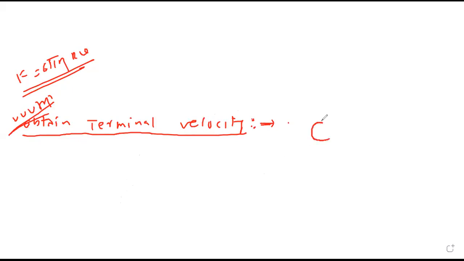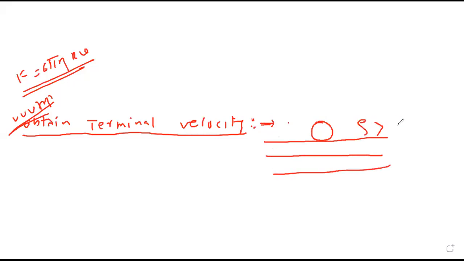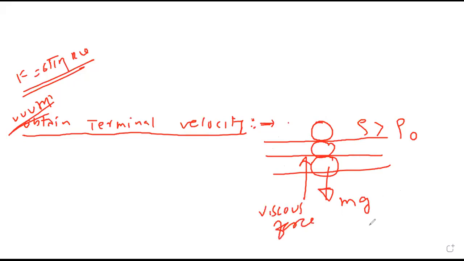When a spherical body having density greater than the density of liquid is placed in the liquid, it will fall due to gravity, that means its own weight. And viscous force will be acting in the upward direction, which will oppose the motion.